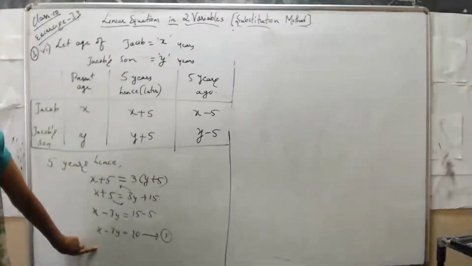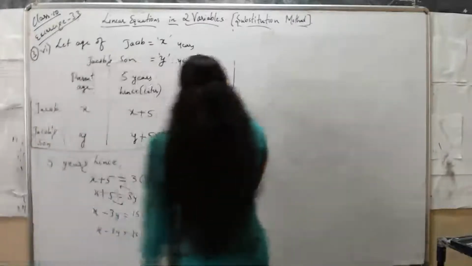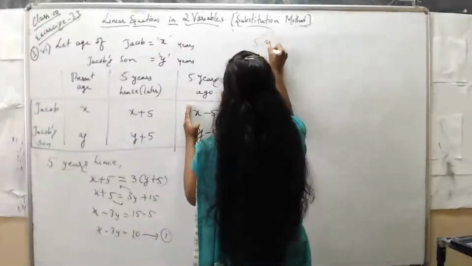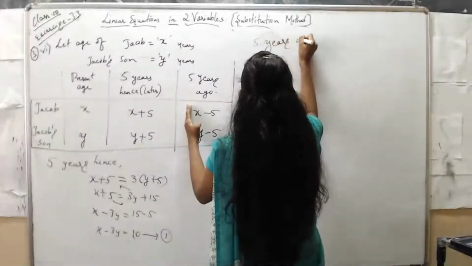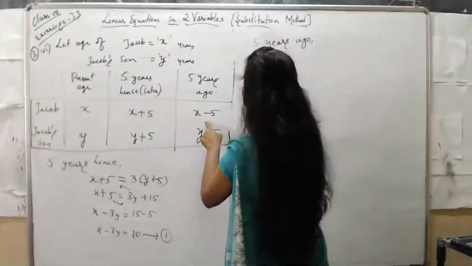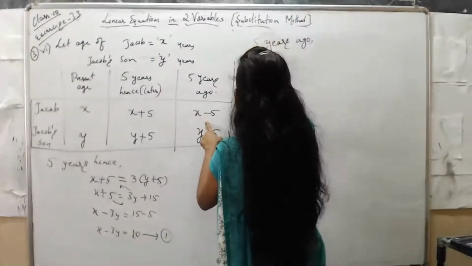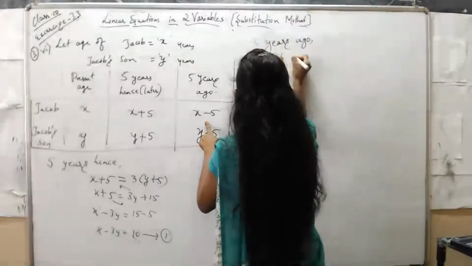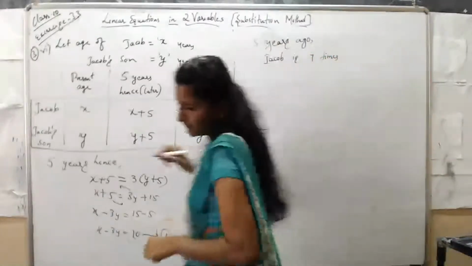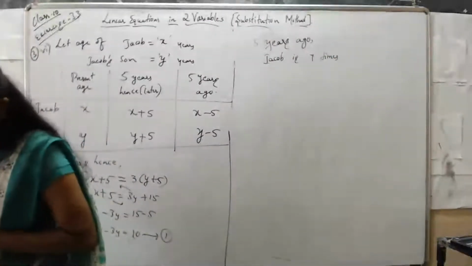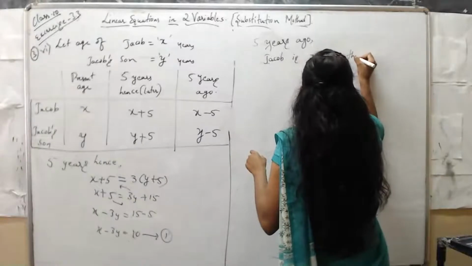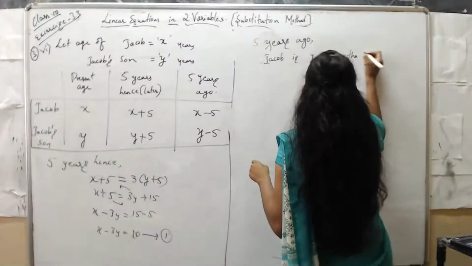Again they have given 5 years ago. 5 years ago means we have to see this table. 5 years ago, Jacob's age is given. I am writing here: Jacob is 7 times that of his son.